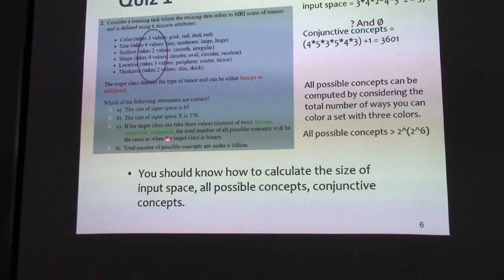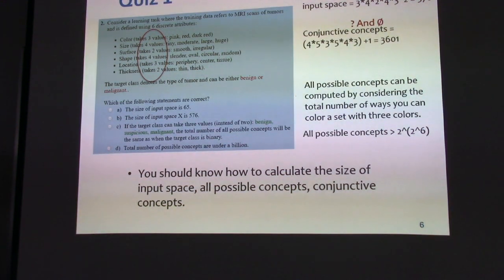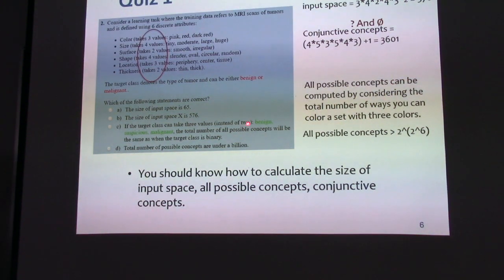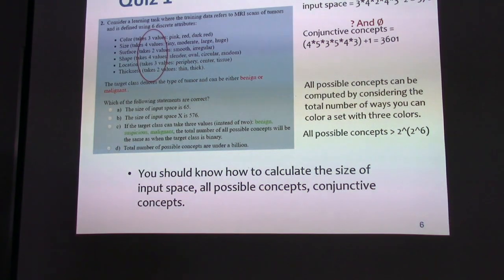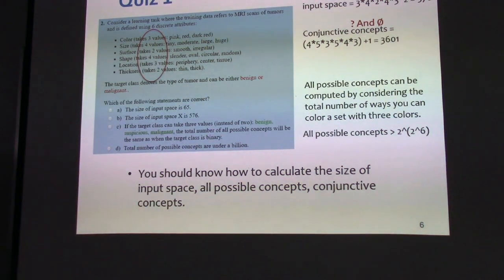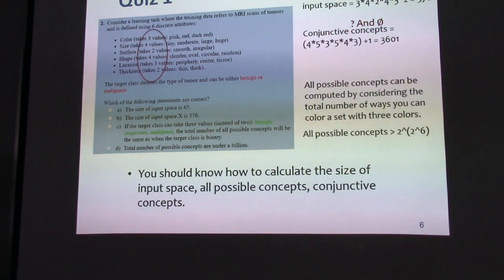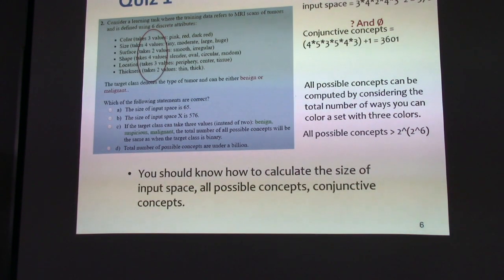There is another thing I need to emphasize about all possible concepts. When the number of target classes changes from 2 to 3, the all possible concepts should increase, because all possible concepts can be computed by considering the total number of ways you can cover a set.